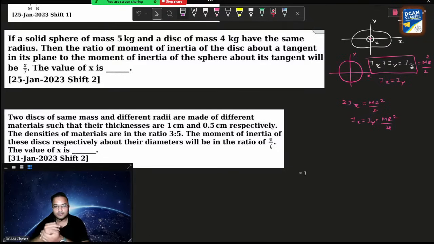There is x, 5. x is 5. Correct. What about others? See what you have to do here. Now let me solve it because time is over.